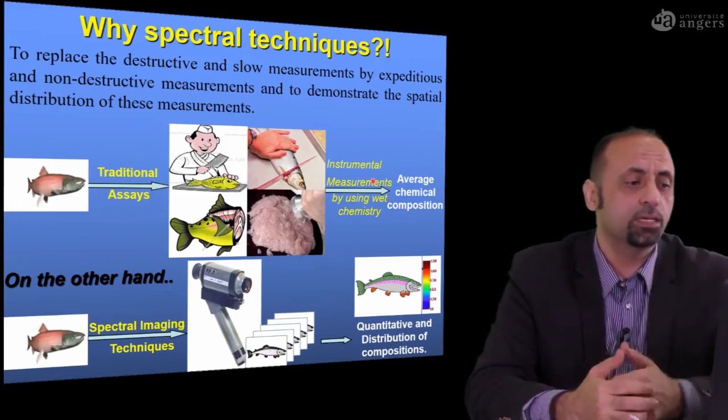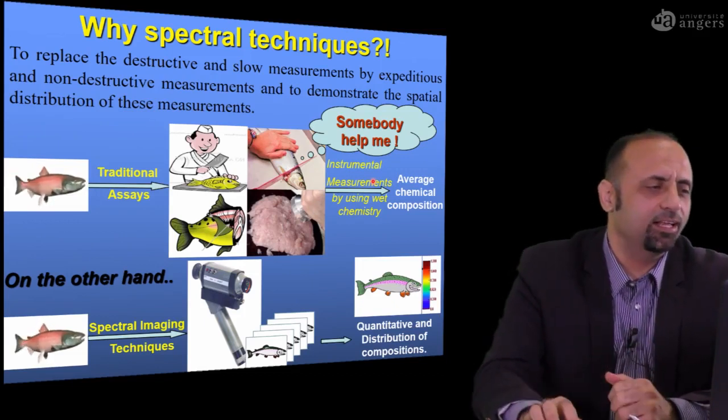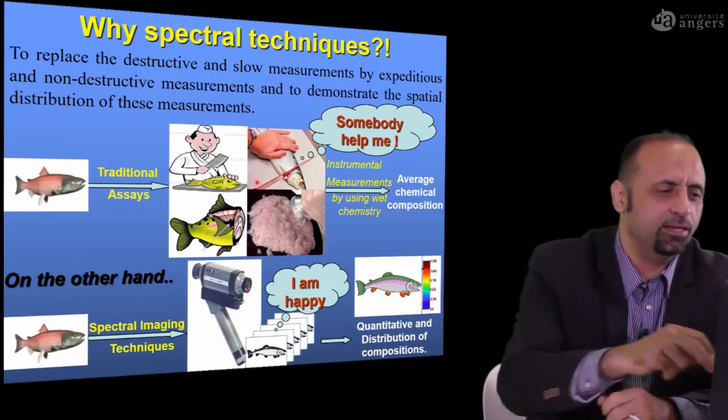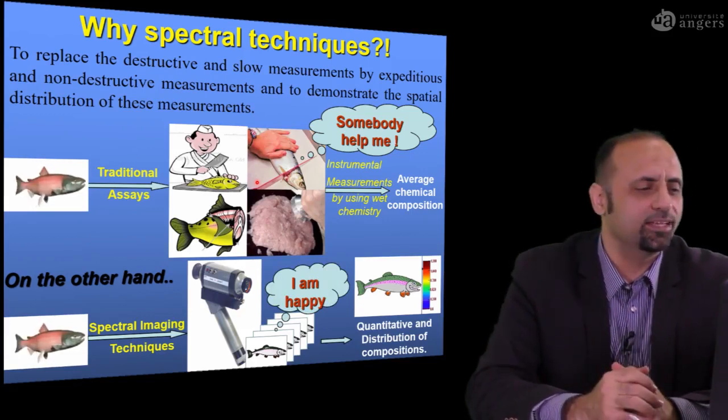We don't need to cut and mince it. Of course, it is not happy to be cut, but the sample here should be happy because nobody touched it to find the internal chemical composition.